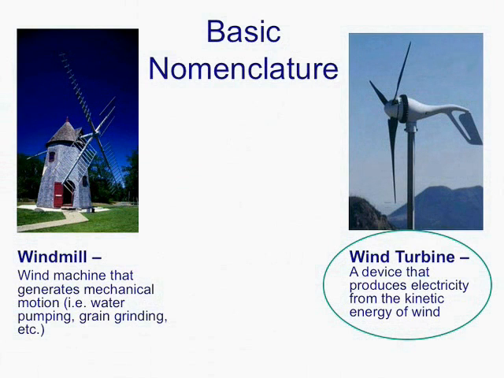Okay, let's get some of the basic nomenclature down. People commonly refer to these wind turbines as windmills. Technically, a windmill is a machine for turning the wind into mechanical motion. And of course the Dutch used them for grinding grain, thus the term windmill. These windmills can also be used for, say, pumping water, which was very common in the American Midwest 100 years ago.